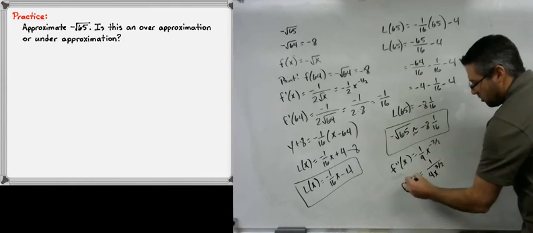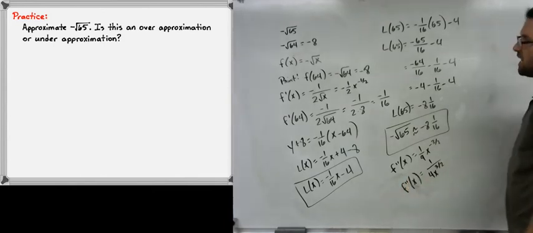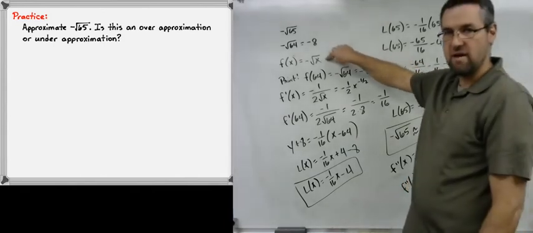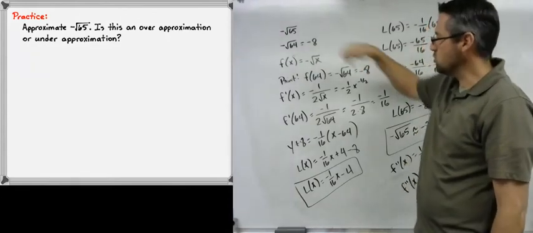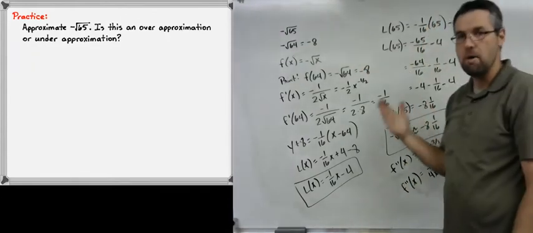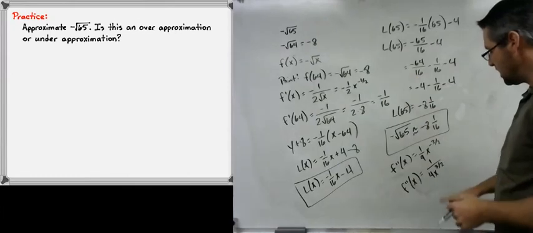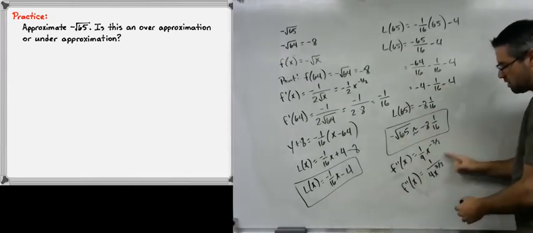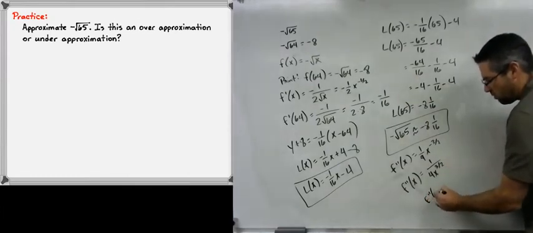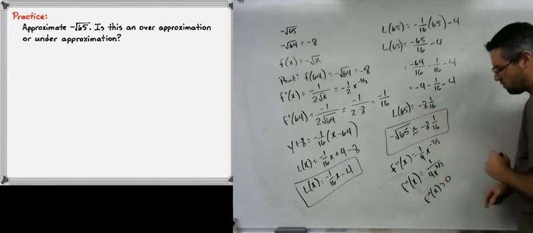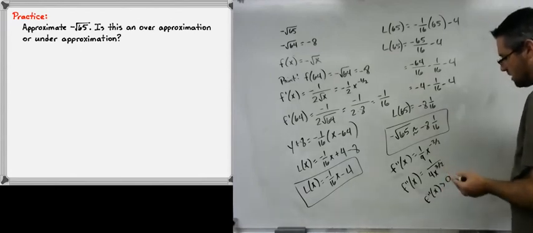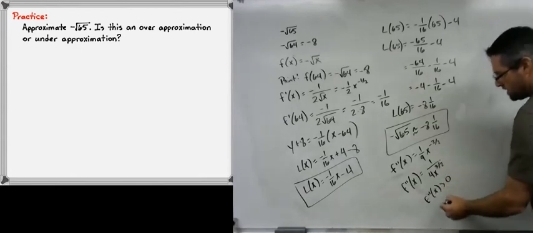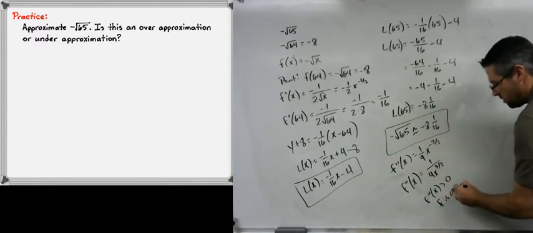And that's f double prime of x. Because the domain restriction of f of x is from 0 to infinity, that means x has to be a positive number, essentially. And if I plug in a positive number here, I will always see that f double prime of x is greater than 0. That's a positive value no matter what, which means f is concave up.